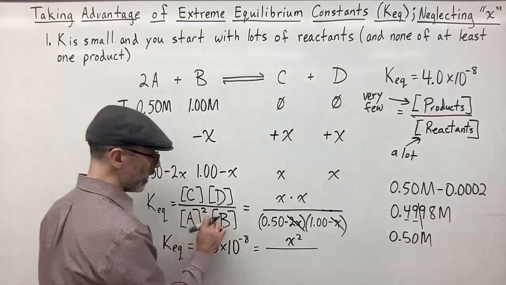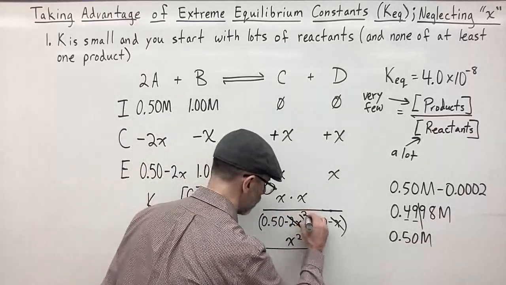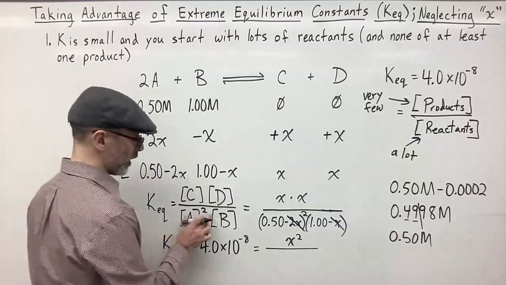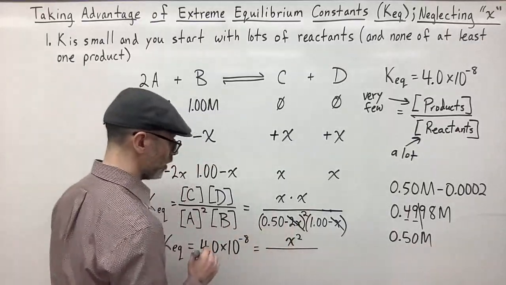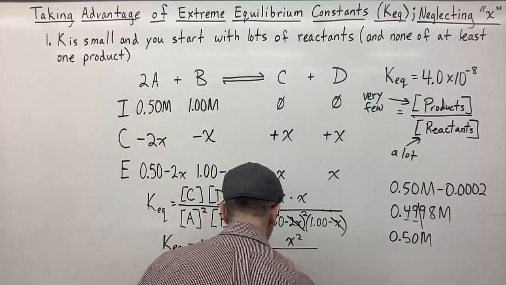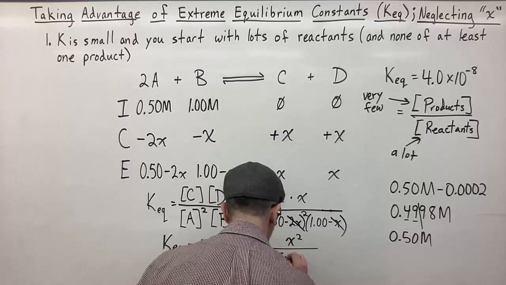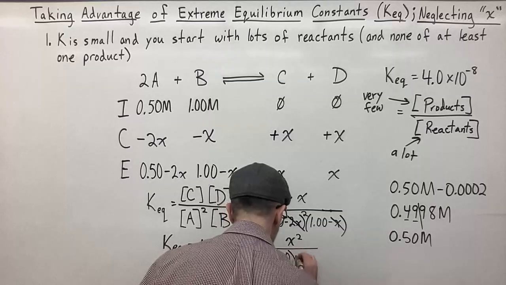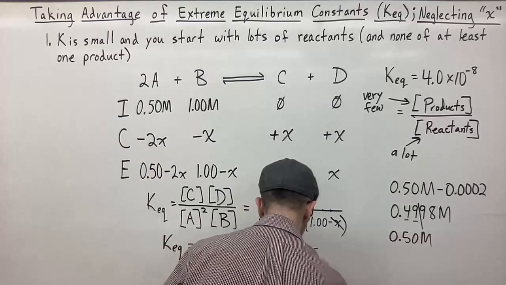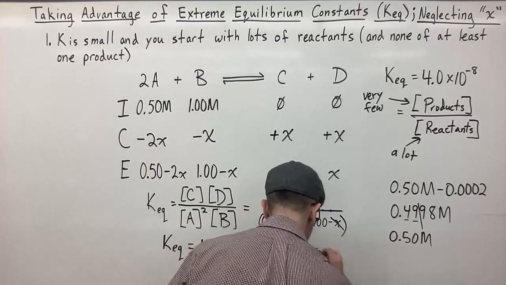I forgot the squared here. Don't forget the squared. Sorry about that. So this should be squared. This should be squared as well. So this is going to end up being 0.50 squared multiplied by 1.00.